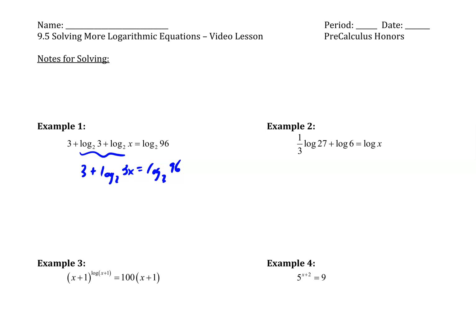So I'm going to subtract this log base 2 of 96 over to the left side. I'm also going to take the 3 and move it to the right side. So that would give us log base 2 of 3x minus log base 2 of 96, which would equal, if I subtract the 3 over and subtract the log base 2 of 96 over, that's what we're doing here.